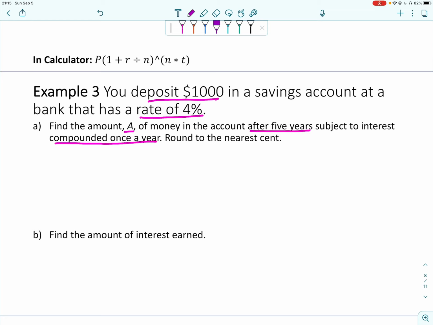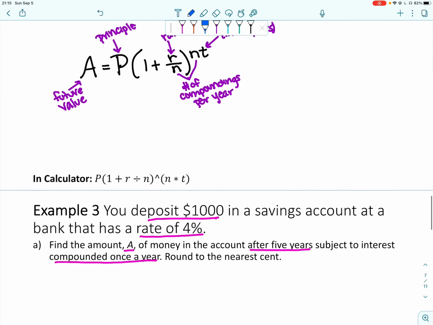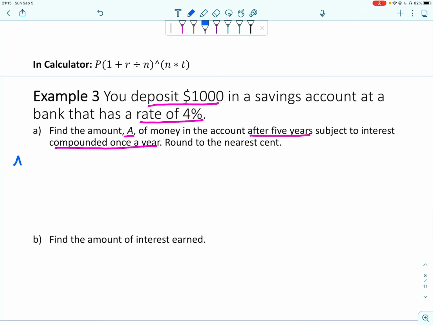So I'm going to get into this habit now, and I'm going to continue to do this throughout this section. There's a lot of symbols in here now. So off to the side, before I jump into my formula, I'm going to write out each symbol, and I'm going to identify which number goes with which symbol. And then if I have to do any conversions, I can do that now so that I don't forget to do that when I get into the formula. So A is what I'm looking for.